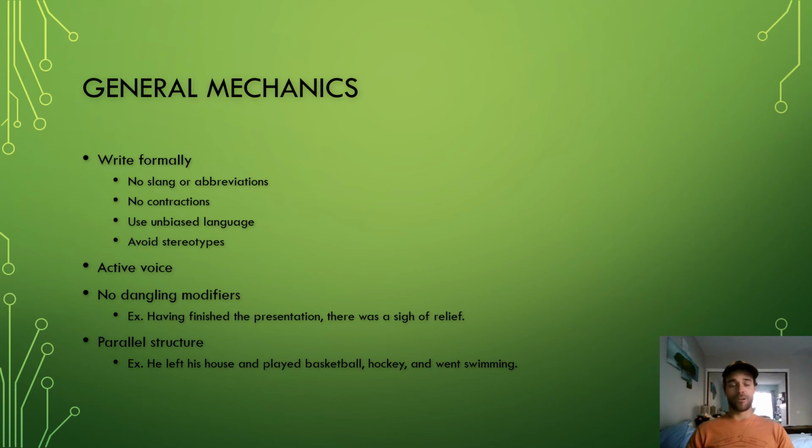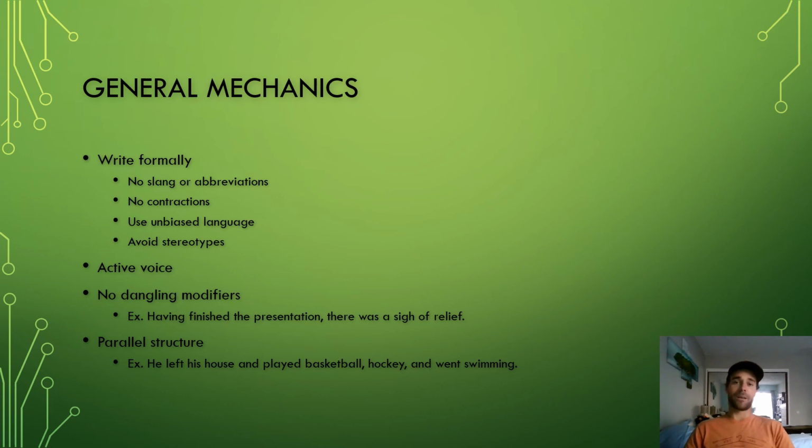Was there some sort of relief that the presentation was over? Who is doing the action, right? Do not just assume your reader knows these things. It is important for you to be very clear and specific about subjects and about verbs and using the proper language and clear vocabulary to get these expressions across.